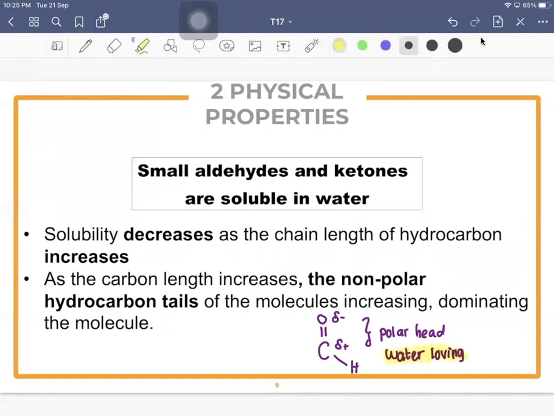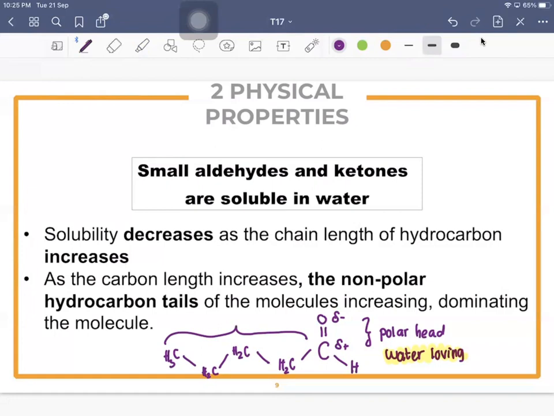So this is the only part of carbonyl that can interact with water. Whereas the hydrocarbon tail, I'm just going to draw a few carbons. You can imagine the longer the tail is, the more it will dominate the molecule.